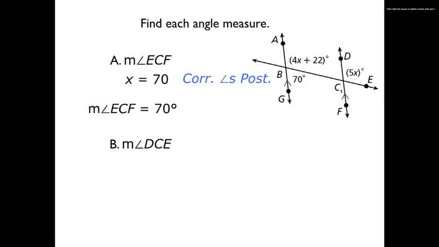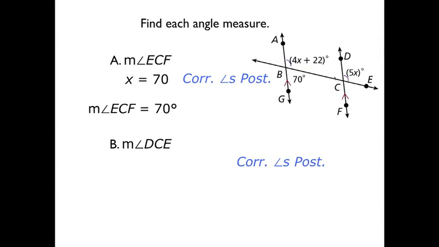Now, I want to find the measure of DCE. DCE is this angle right here. What I can do is realize again with the corresponding angles postulate that it's going to be the same as ABC. These two angles are going to be congruent. So I'm going to set 5x equal to 4x plus 22 because those angles are congruent.